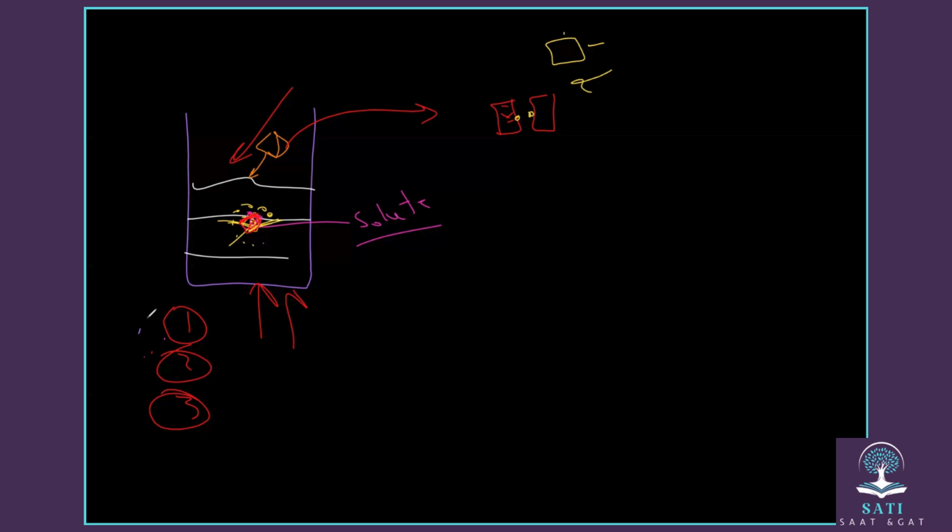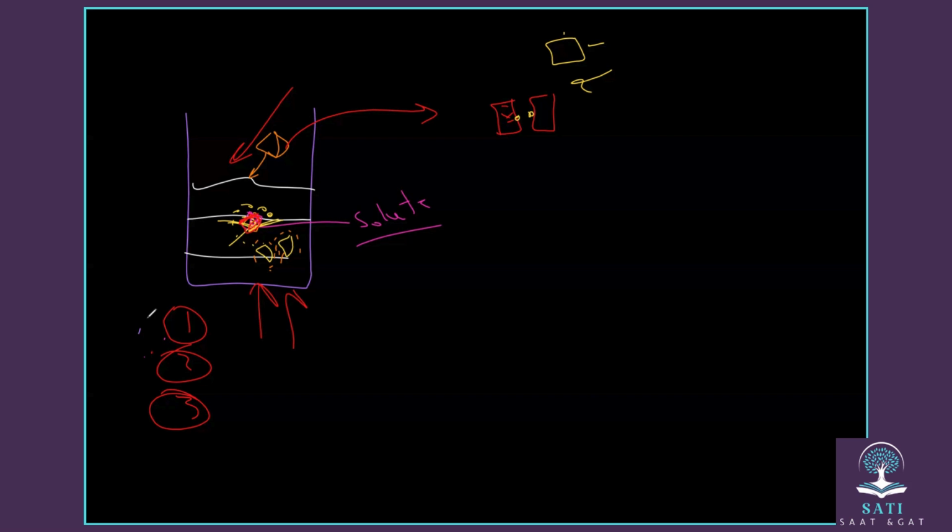So when you put this cube in as 2 parts, the solvent molecules will surround this part and will surround this part. That means more surface area that solvent particles can attack or go to the solute particles.